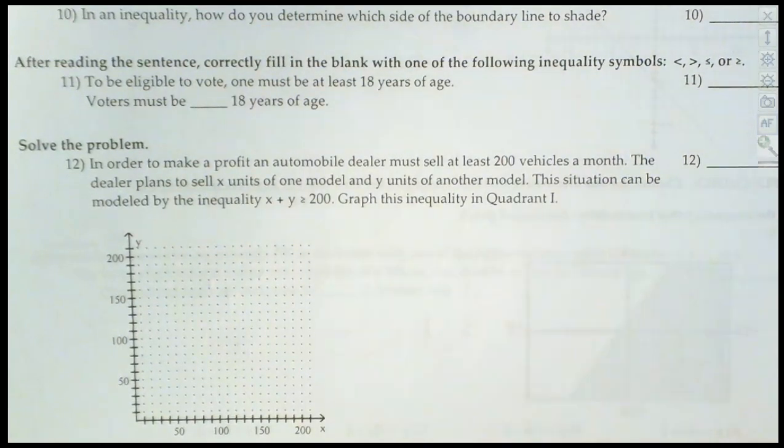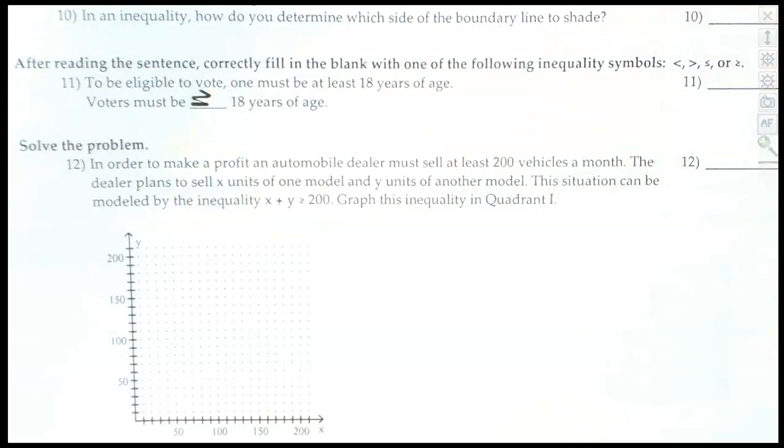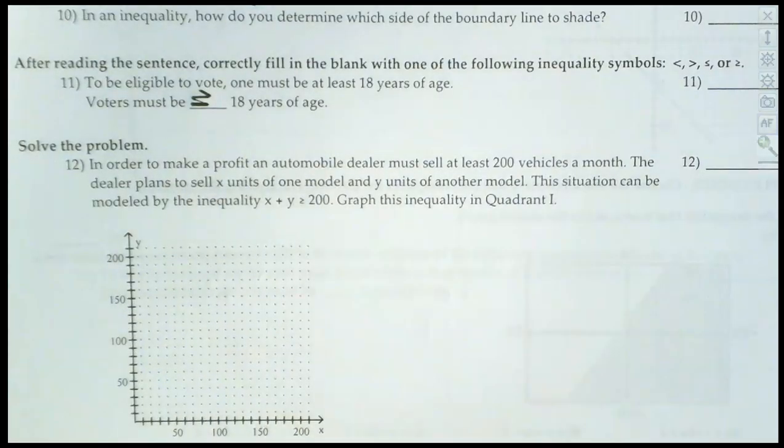They can be 18 to vote, right? Have to be either 18 or more. So in this case, it's going to be greater than or equal to, because the voters need to be greater than or equal to 18. And there's several questions like that, like 13 is a golf course budget where you fill it in with an inequality.